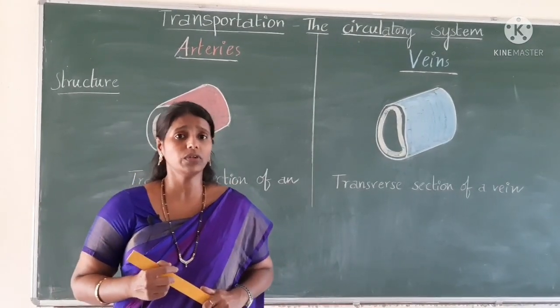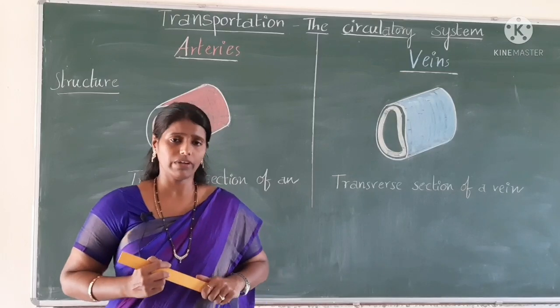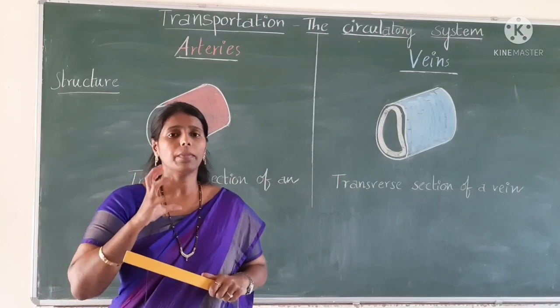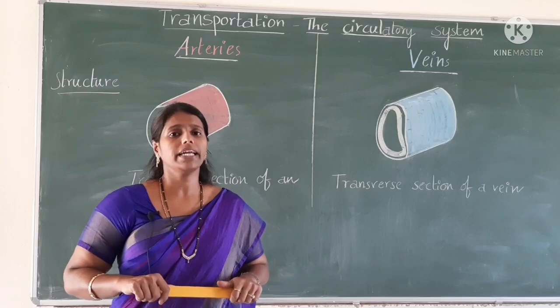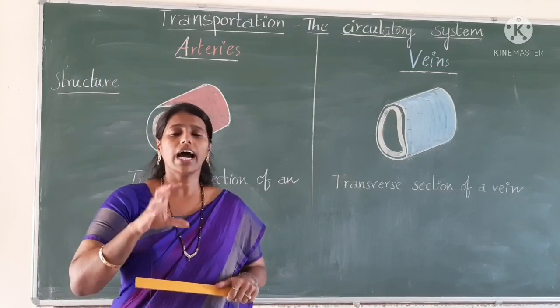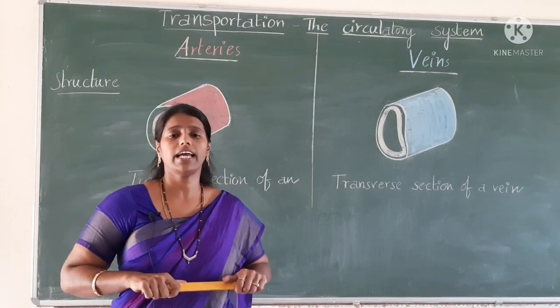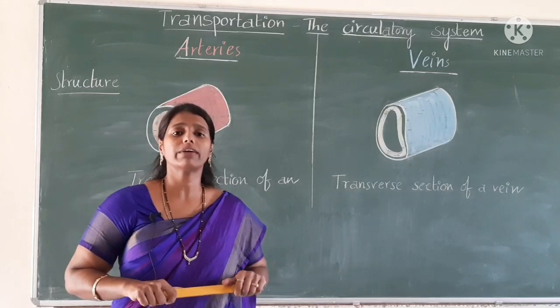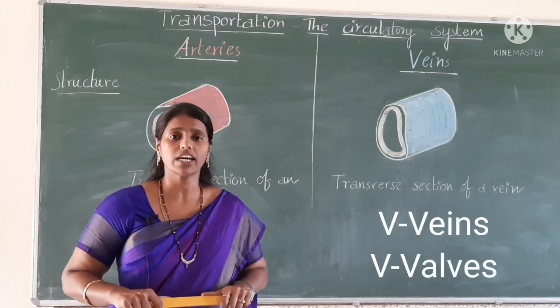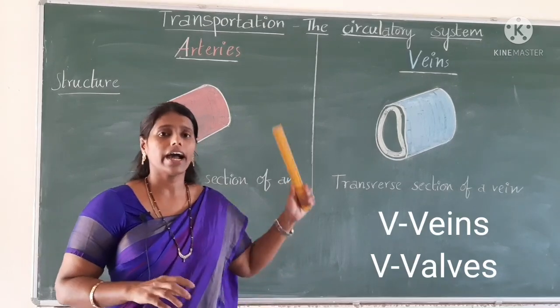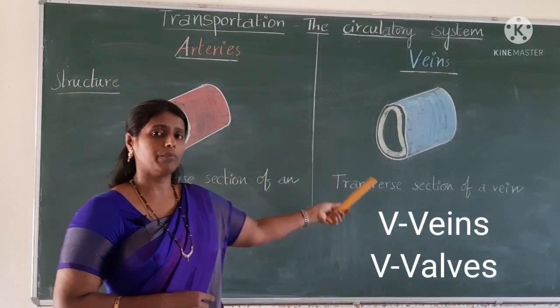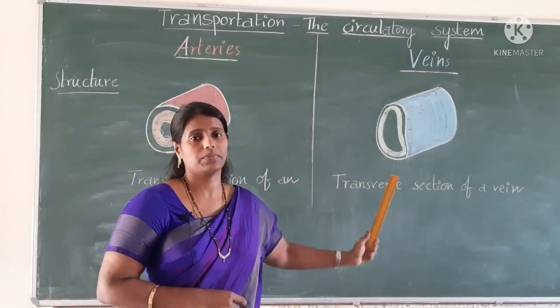Then what about arteries? They do not require valves. The heart pumps the blood with a high pressure and there will not be any backward flow of blood in case of arteries. So, valves are absent in arteries and present in veins.